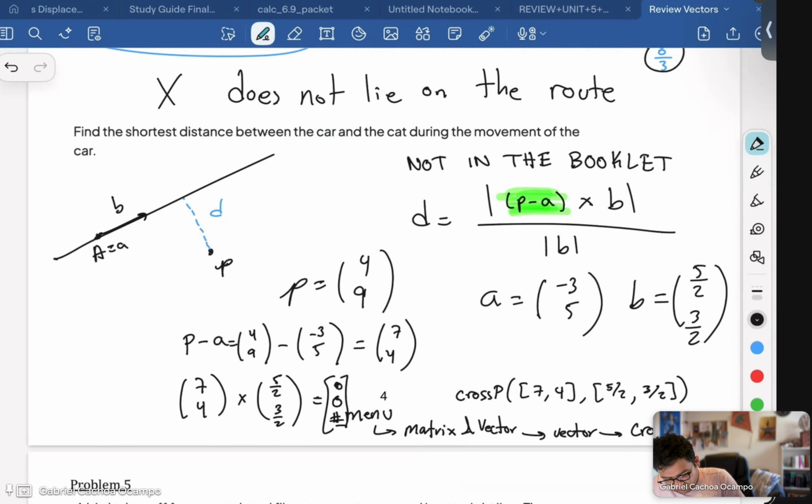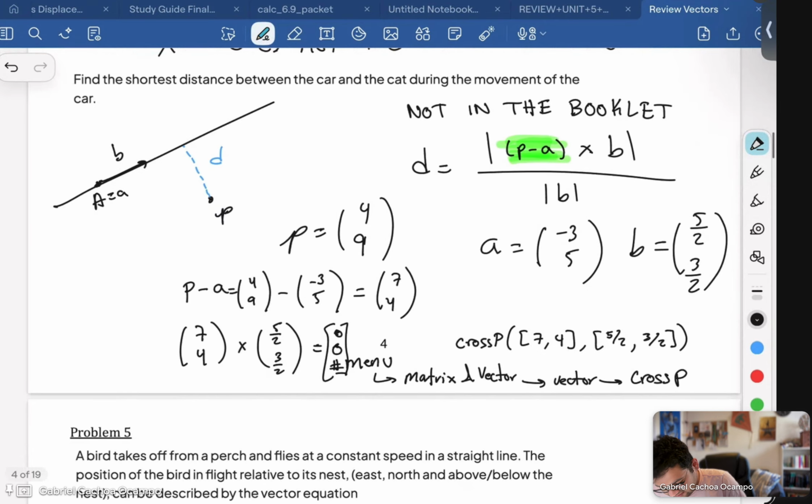O sea, so right now we have done the green part, this is P minus A. Then the cross product is going to be this vector. Then you need to do the magnitude of this vector.